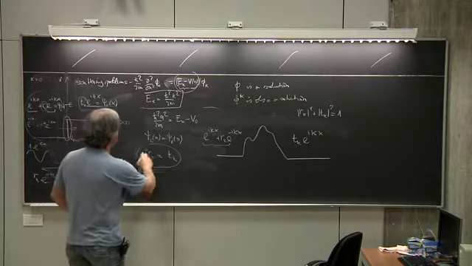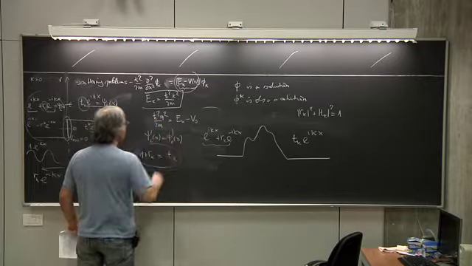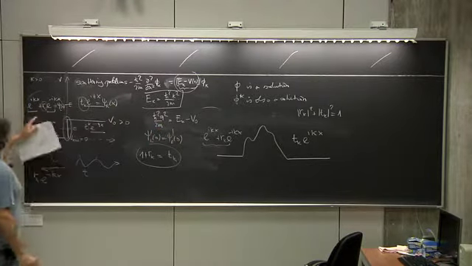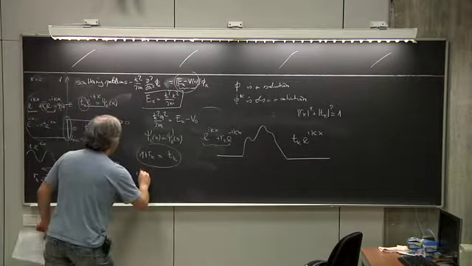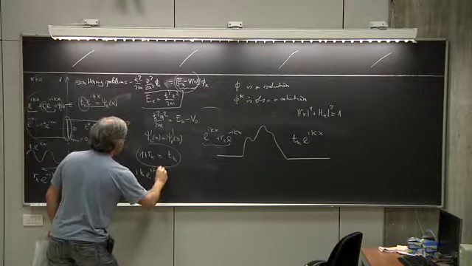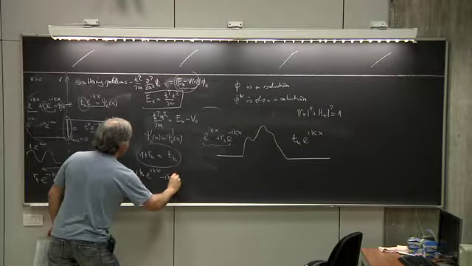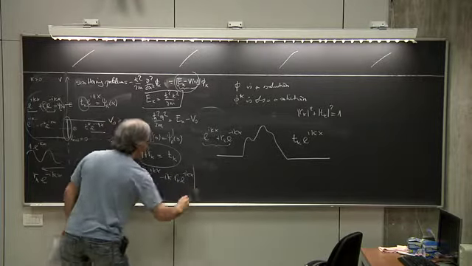Okay, so this is the first equation. The second equation has to do with the derivative being matched. The derivative brings down ik. So you have ik times e to the ikx minus ik rk e to the minus ikx evaluated at 0.